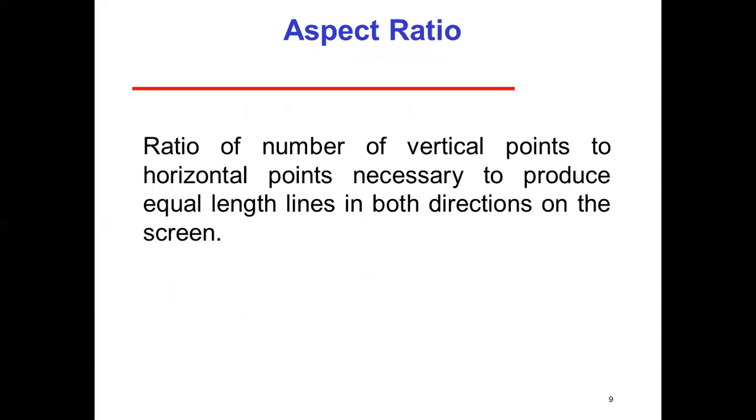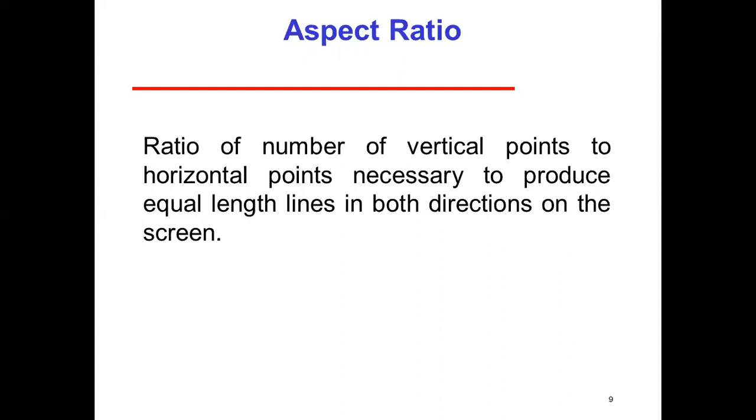Now, what is the aspect ratio? The aspect ratio we use in case of various monitors. Earlier we were using monitors which were based on the CRT, and nowadays we are using the LCD and the TFT monitor. But there is a need to define the aspect ratio. So what is the aspect ratio?